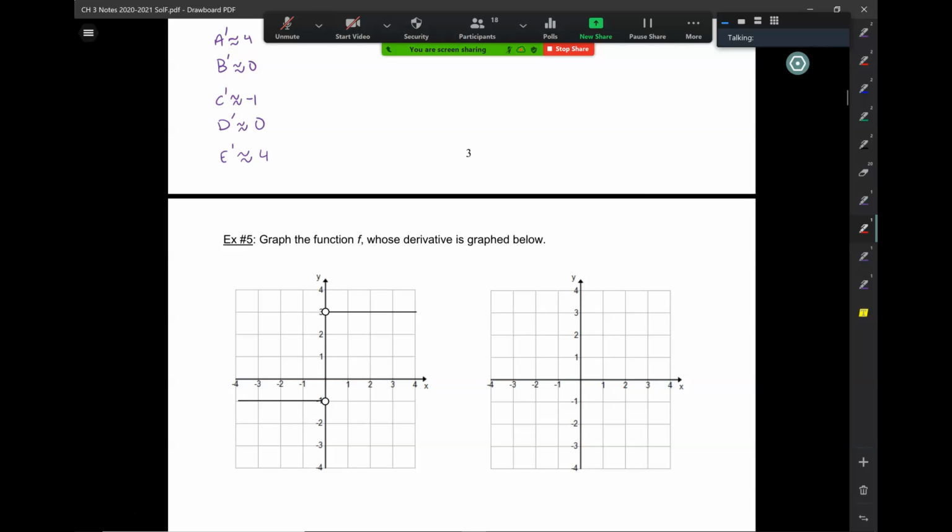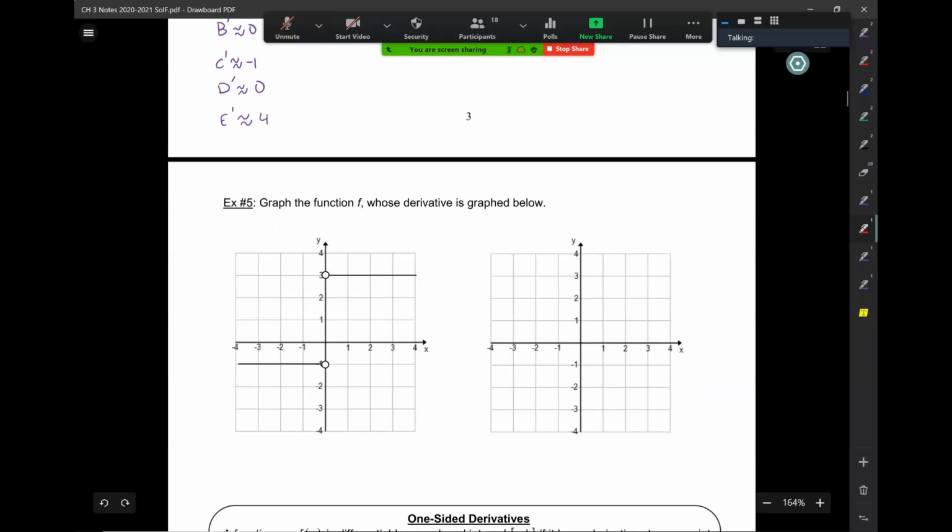Let's graph the function whose derivative is graphed below. So what I have here is y prime, and I want to graph y. What have I been told here? Y prime is -1 to the left of 0.